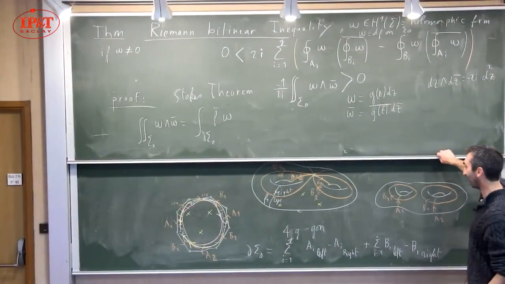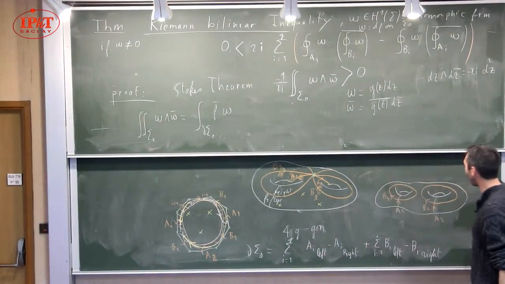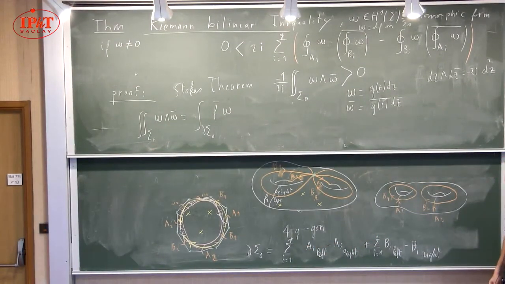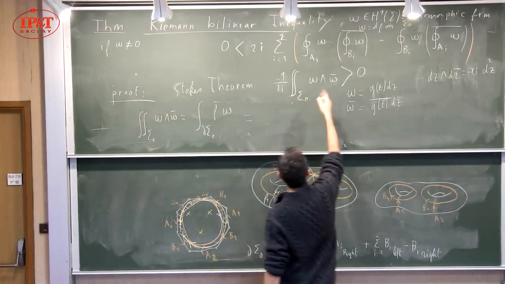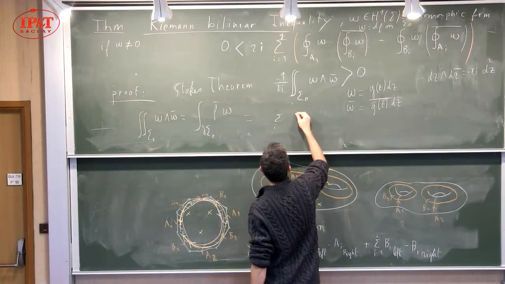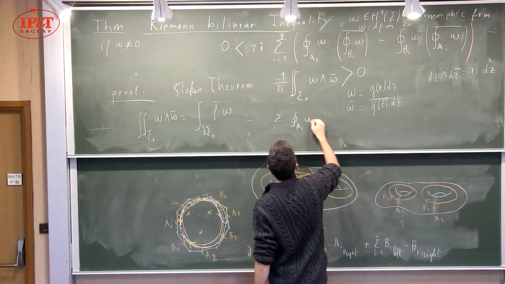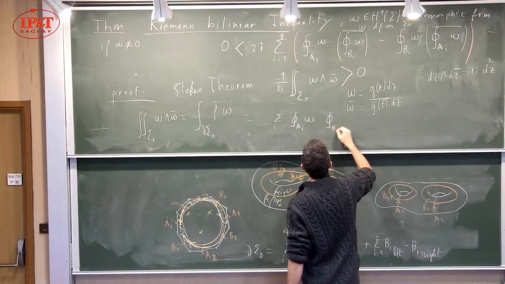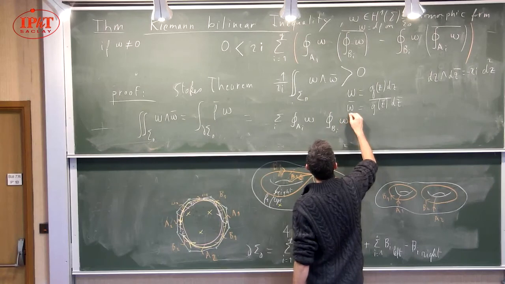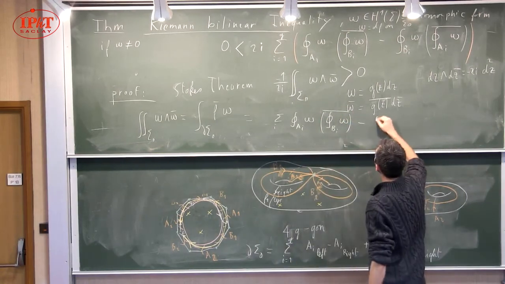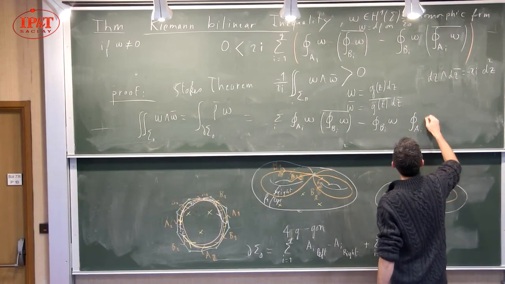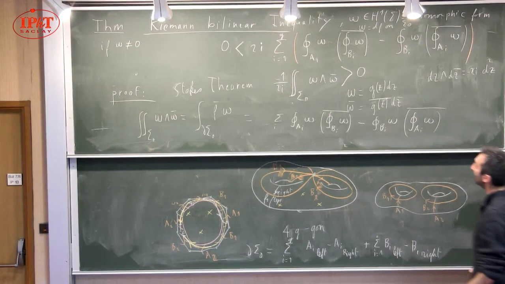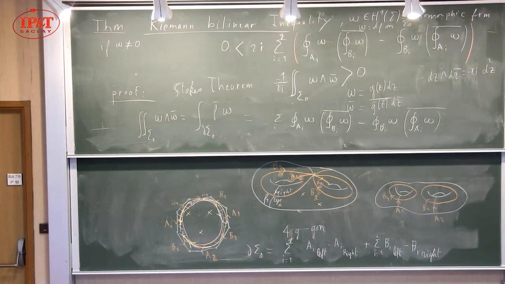So you use that the boundary is this sum, and f has discontinuities. And basically, you find on the right-hand side the sum over i of the integral over a_i of omega times the integral over b_i of omega bar, minus the integral over b_i of omega times the integral over a_i of omega bar. And that gives the theorem.